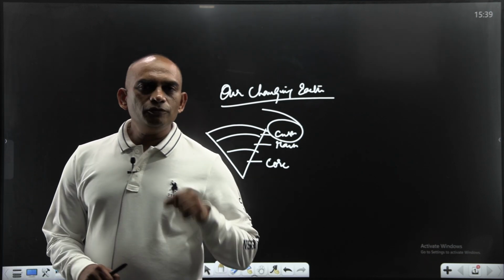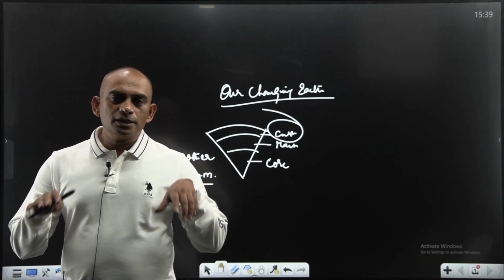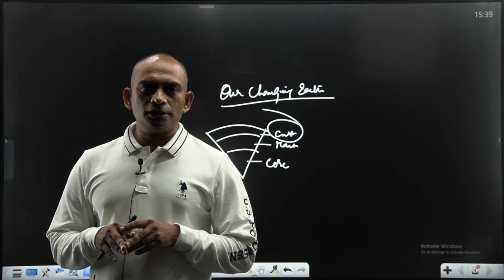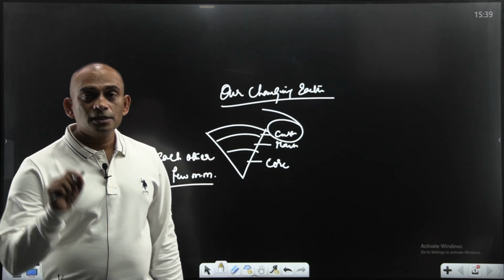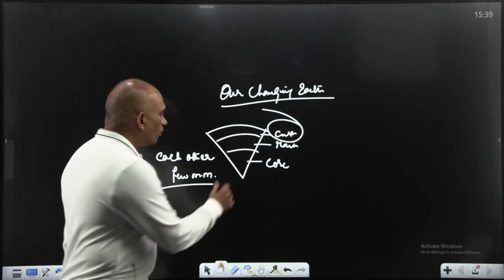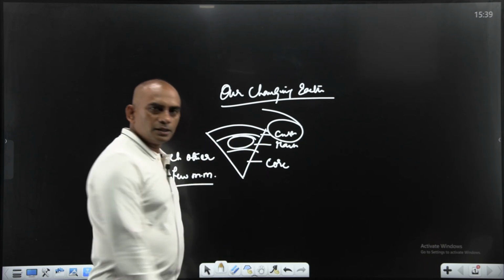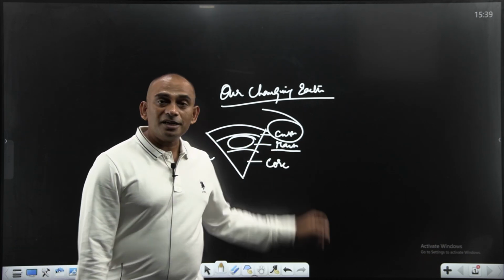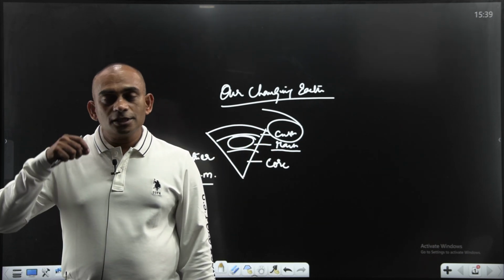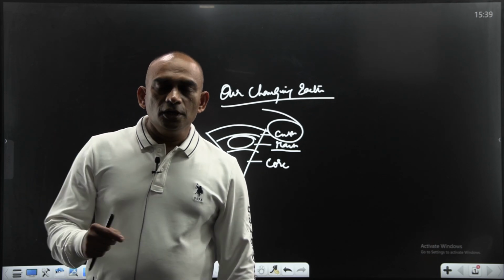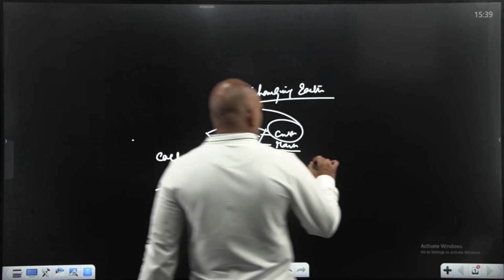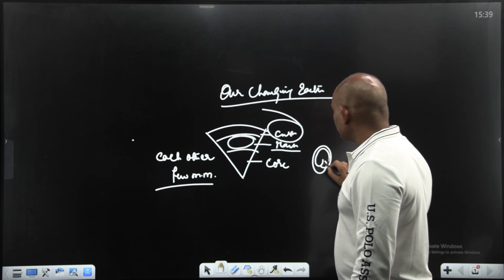And naturally we get a doubt how these plates are moving in relation to each other. The reason behind it is molten magma, which is present in the mantle region. How does this molten magma move? Molten magma moves in a circular manner.